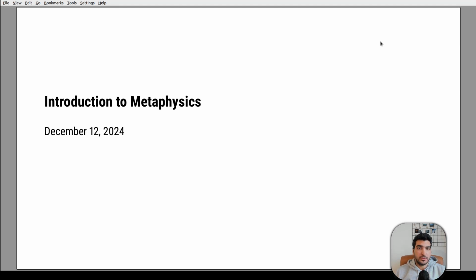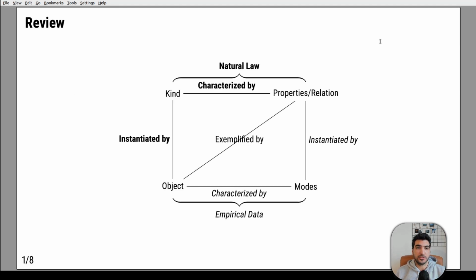All right, so let's continue our lectures. In the last lecture, we talked about natural laws and natural kinds and ontological categories and how we can explain what's going on in natural science and metaphysics, and the relation between natural law, empirical data, objects, kinds, properties, modes, the instantiation, characterization, and dispositions, dispositional exemplification, occurrent exemplification.